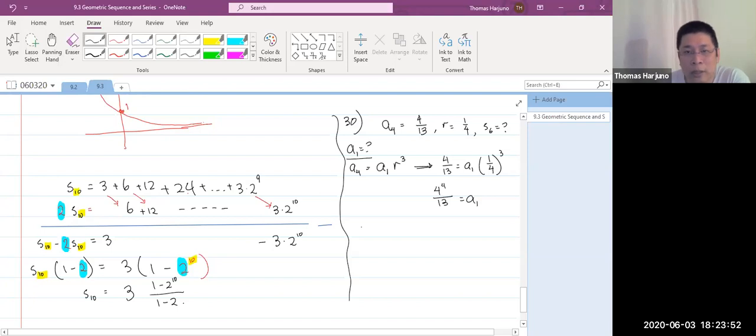So what is S6? The sum of the first 6 terms. That will be the first term times 1 minus the common ratio to the 6, the number of terms, over 1 minus the common ratio.